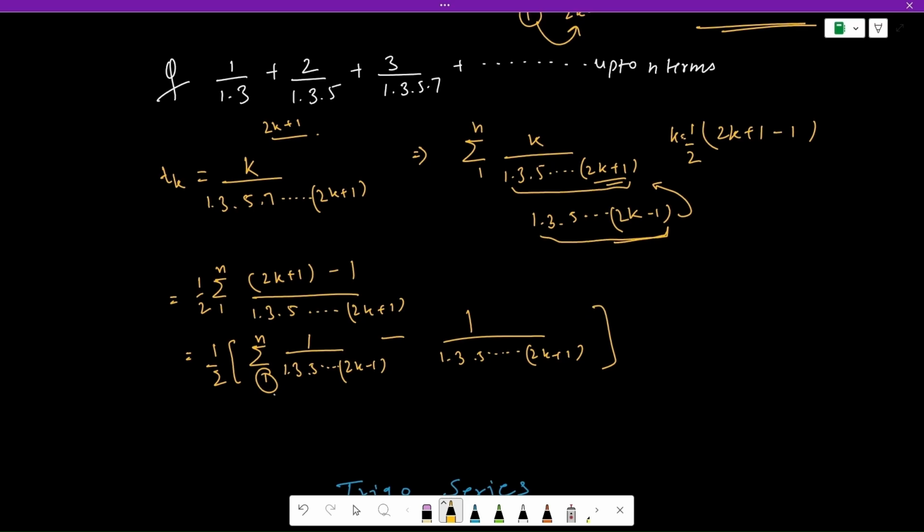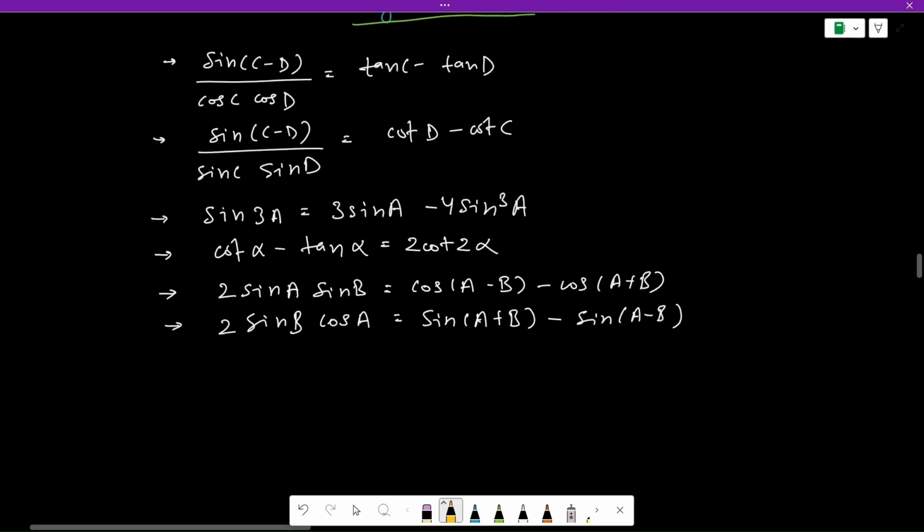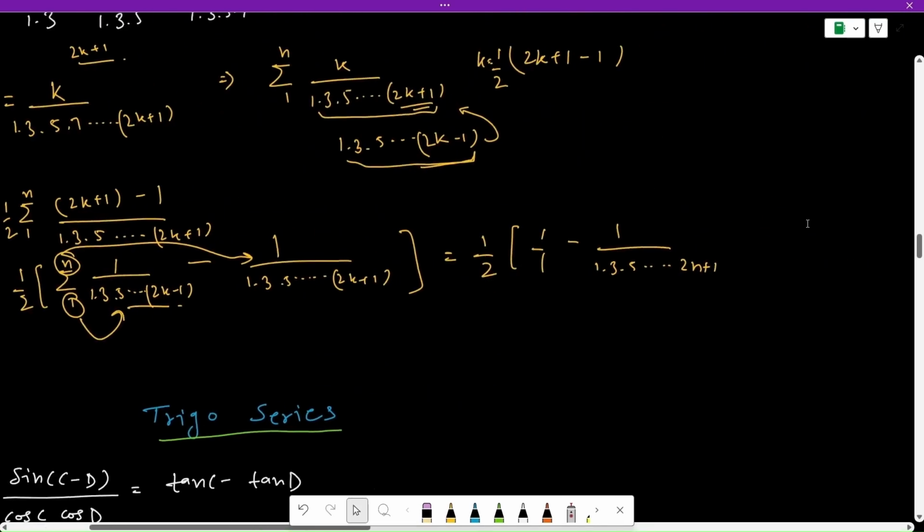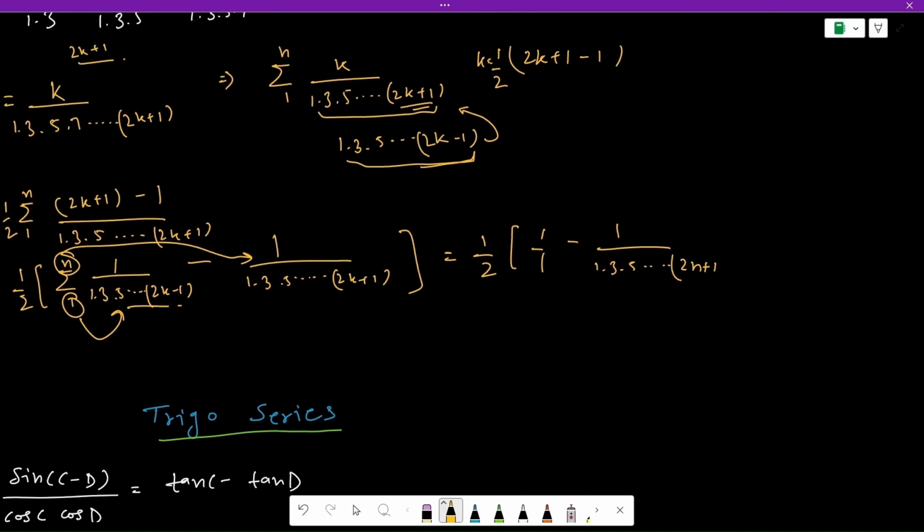Now 1 goes in the term with the smaller value and n goes in the greater one. So this becomes 1 by 2 into (1 by 1 minus 1 by (1, 3, 5, and so on till 2n plus 1)). So this is the final answer.